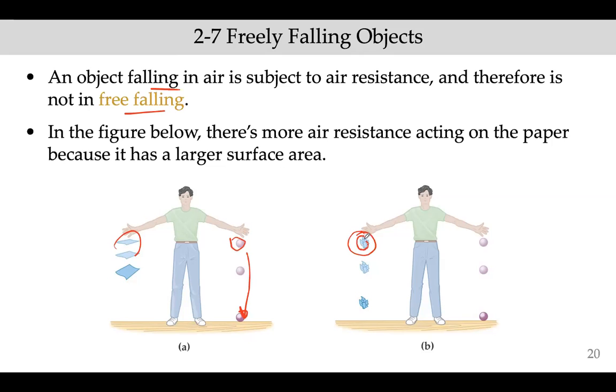So the surface area of the ball and the paper become comparable, and they would pretty much fall at the same rate, and they will reach the ground pretty much at the same time. So even though the ball is heavy and the paper is light, what matters is not their mass, but the surface area. In fact, you can do this little experiment at home on your own.